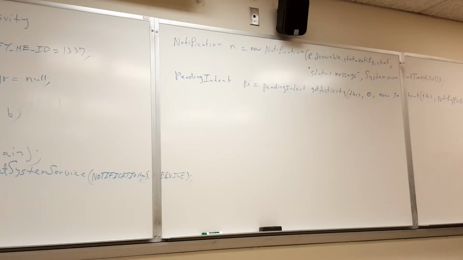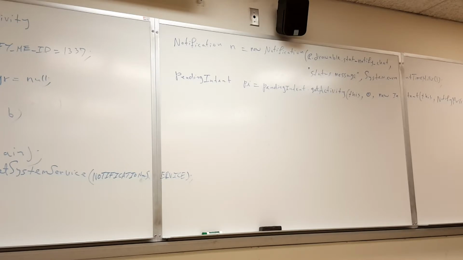This intent is in charge of running or calling or invoking this class, right? Following? So it means you have a class that is in charge of doing something. In my previous example, I said when the cell phone was so hot, this class was named turn off sensors, so it was turn off sensors dot class, right?